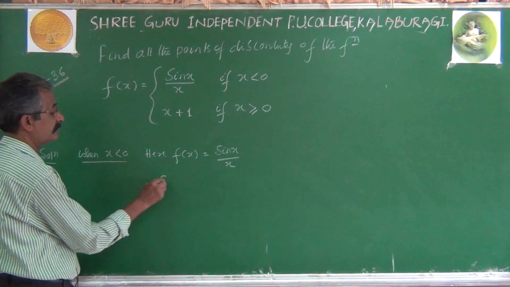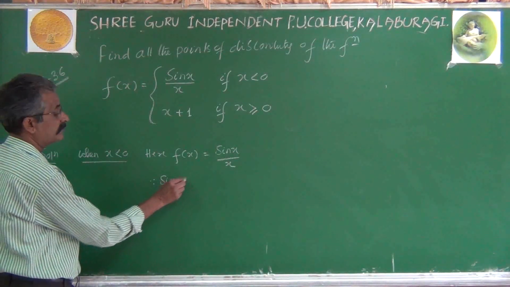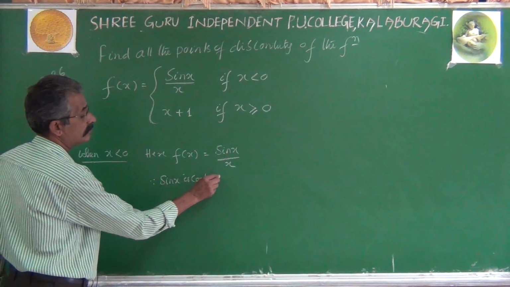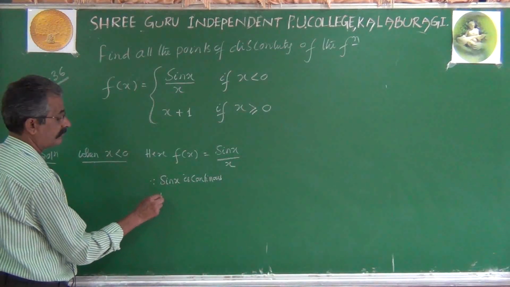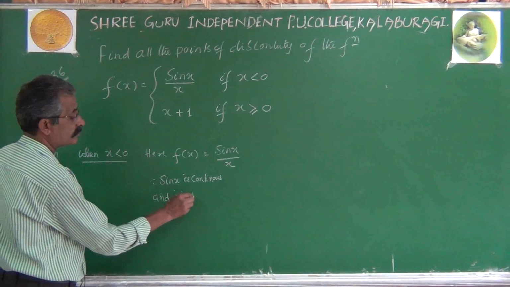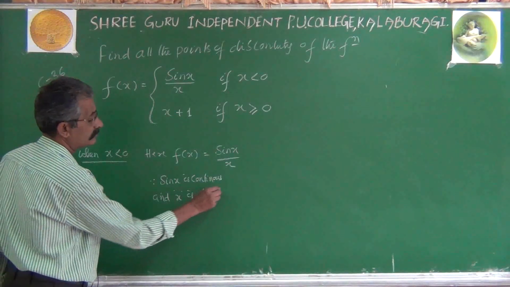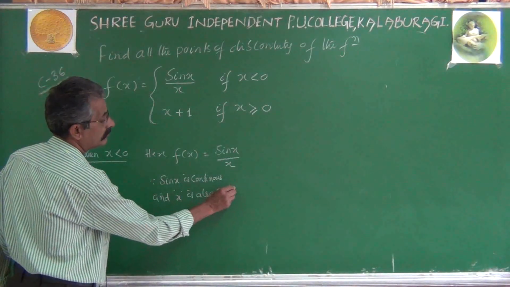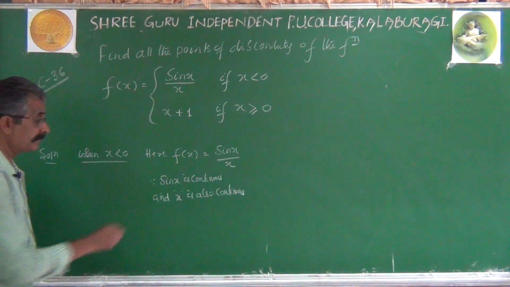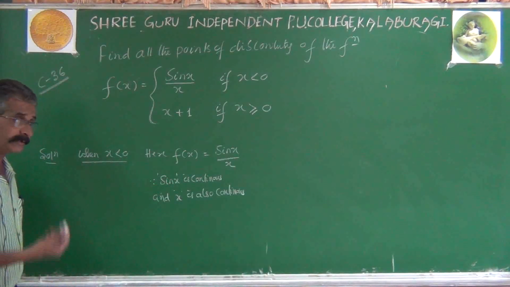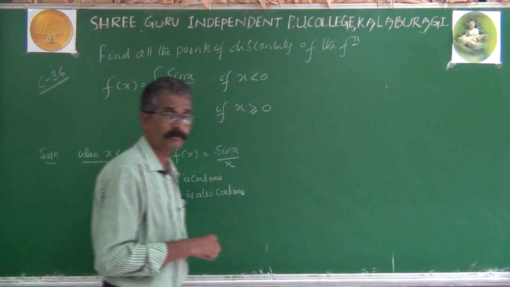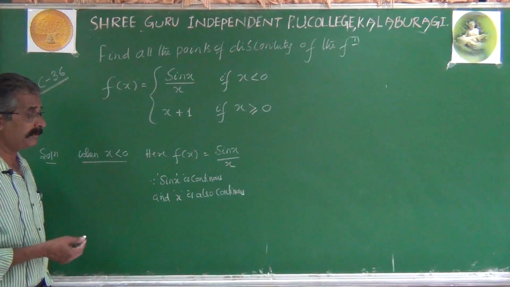Since sin x is continuous and x is also continuous, therefore we know that the sum, difference, product, and quotient of two continuous functions is again a continuous function.